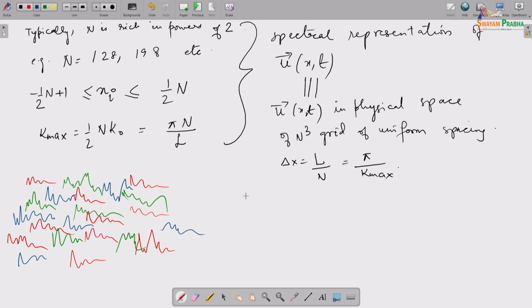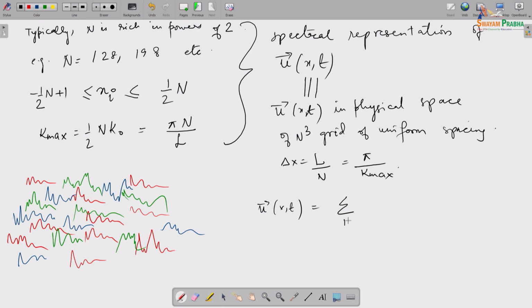And what did we say? That u at some location x, at time t, is equal to a sum of several of these waves. On what basis?